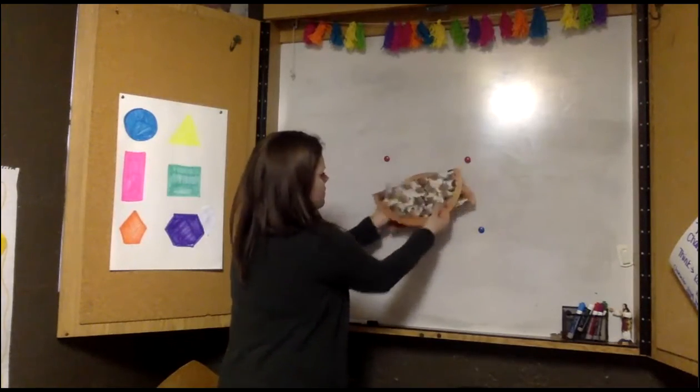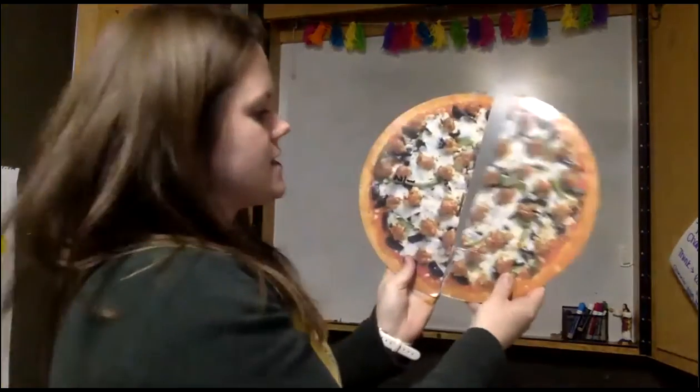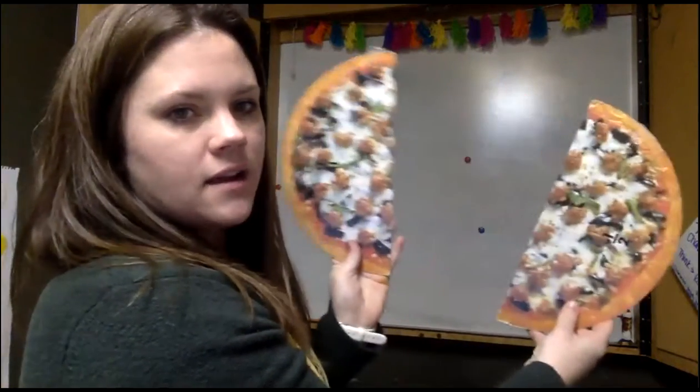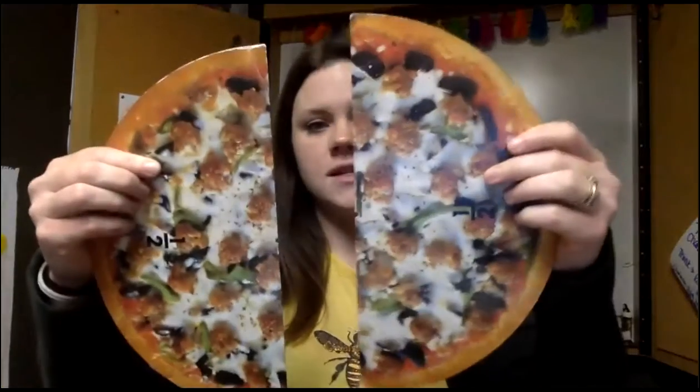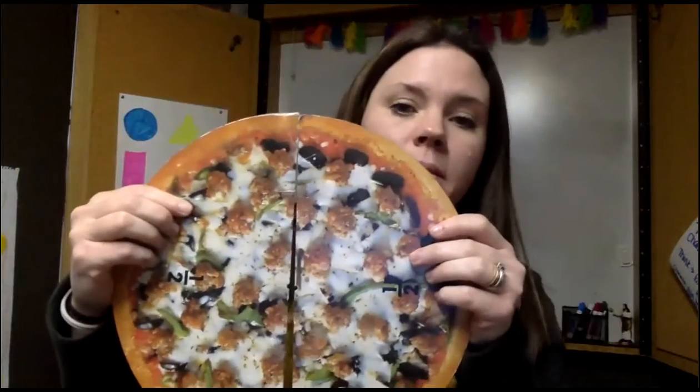This side is the exact same size as this side. They make 1 out of 2. This is 1 and this is 2. Together, they make a whole. Apart, they make 2 halves.